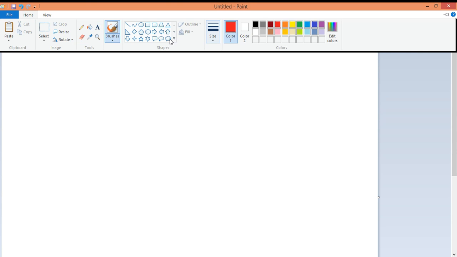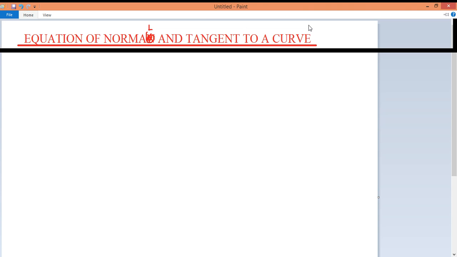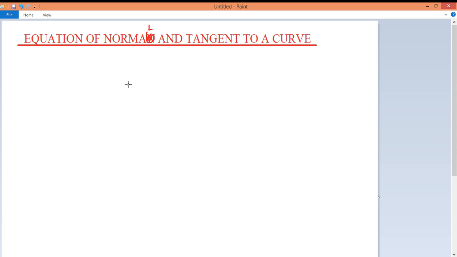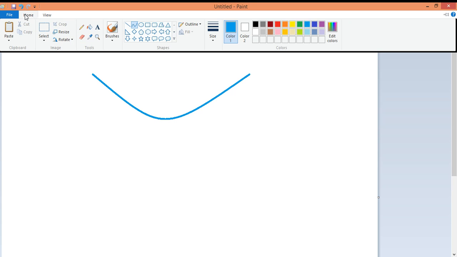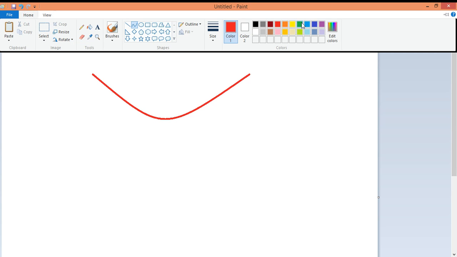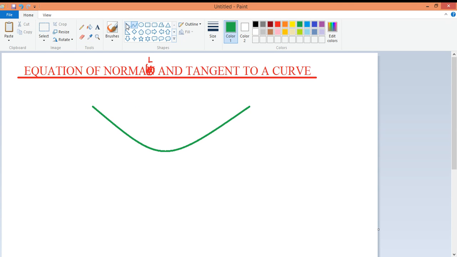Now, let's look at what is known as a normal or a tangent. If I have a curve such as this, we're going to look at what a normal and a tangent is.